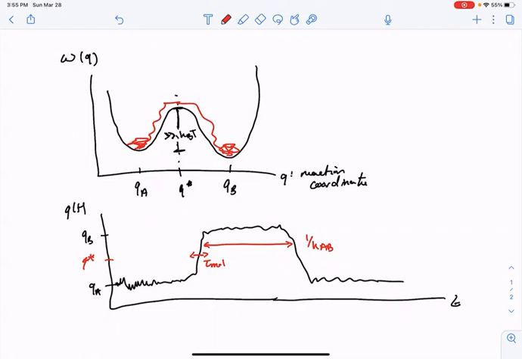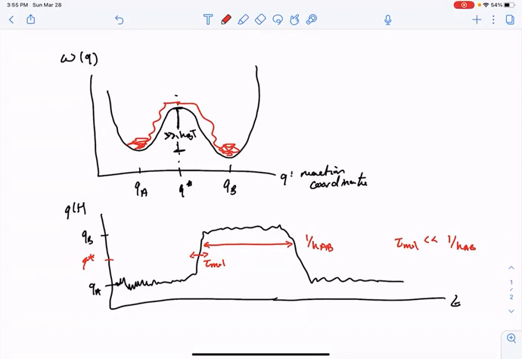And we should expect that tau mol, for any free energy for which A and B are in fact metastable, for which there is a large barrier in between, is much, much less than 1 over k_AB.